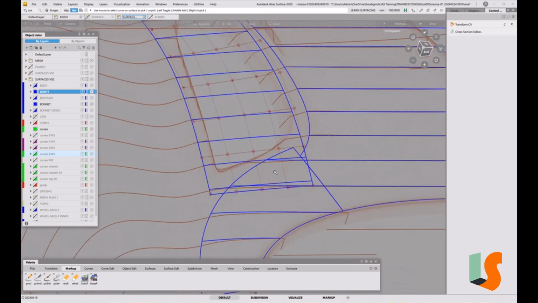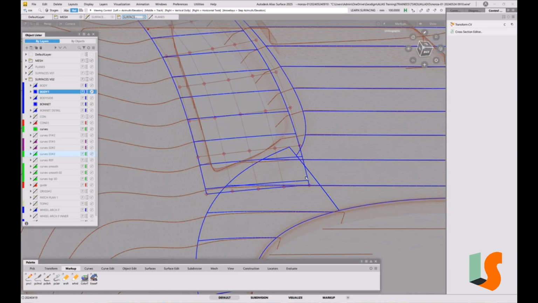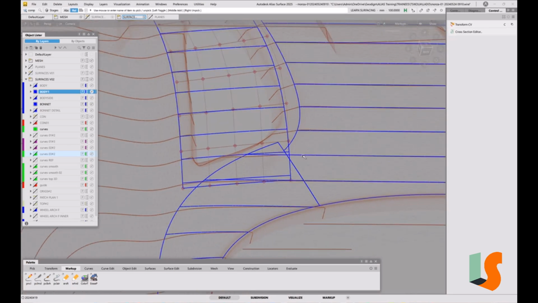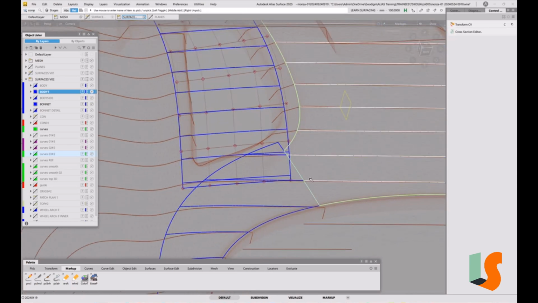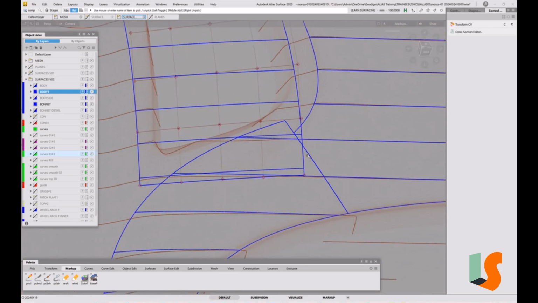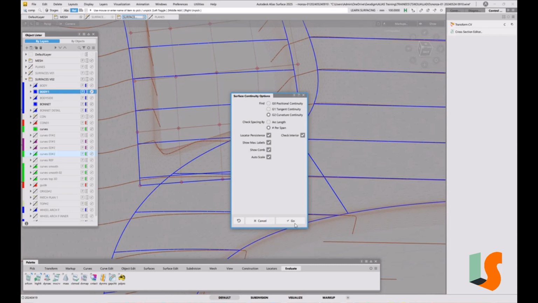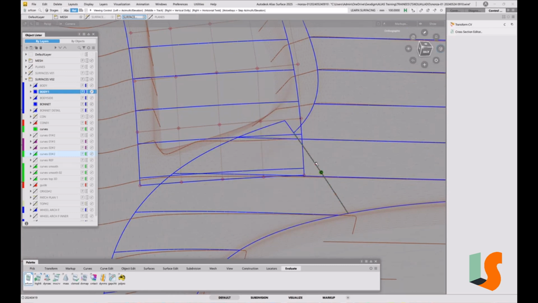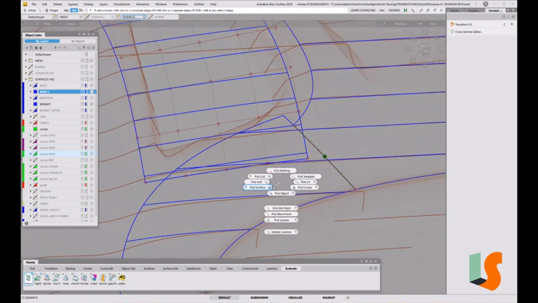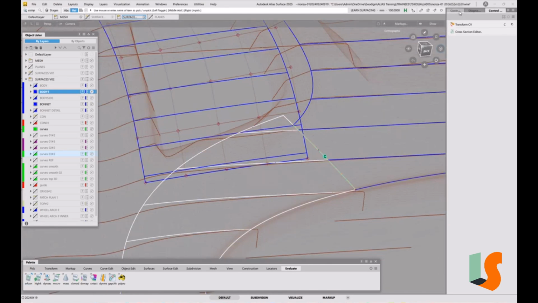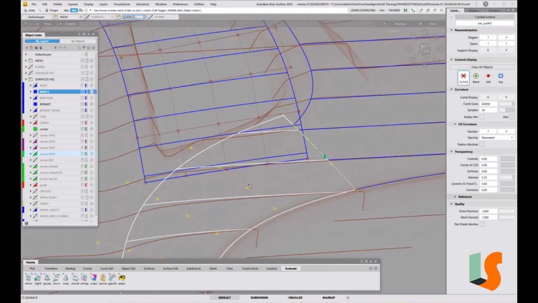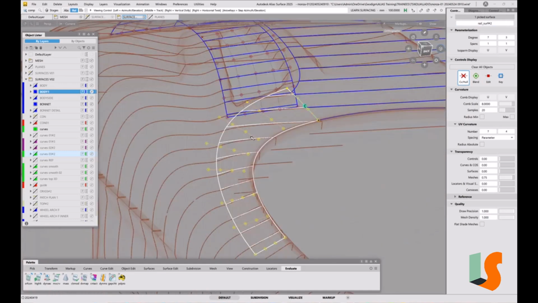So these are the sort of things where you have to make some decisions. And the other thing I've noticed is if I take this surface here, so when you look at this, I'm pretty certain this is G2 continuous at the minute. Yeah. So this is G2 continuous, and let's have a look at the CVs on that one. So we've got very low degree, really, considering the shape of this, that it goes all the way around this corner.